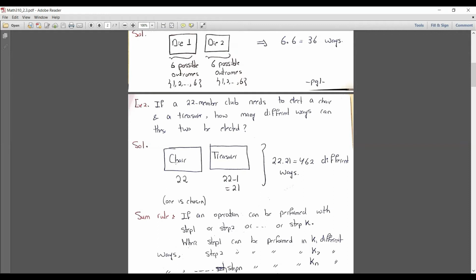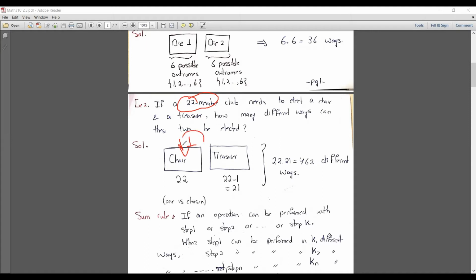So here step 1 is the chair, step 2 is the treasurer. We want to choose the chair now. How many options for the chair? The chair has 22 options. From where are we going to bring the 22 options? We can choose any one from these 22 members. Now, we chose 1 for the chair.